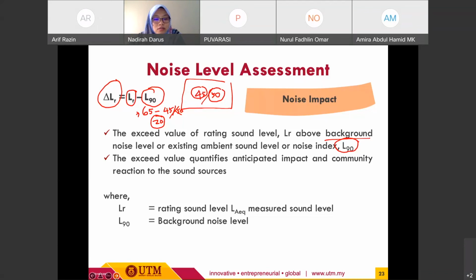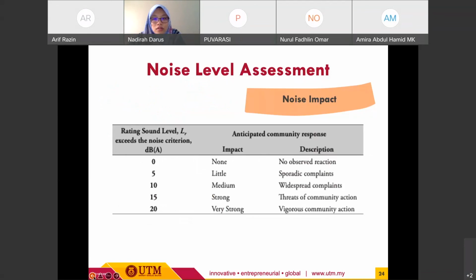Okay. So noise impact sama juga. Okay, ni yang tadilah rating sound level tadi. So kalau dah exceed this 20, dia very strong, and then dia punya impact adalah vigorous community action.